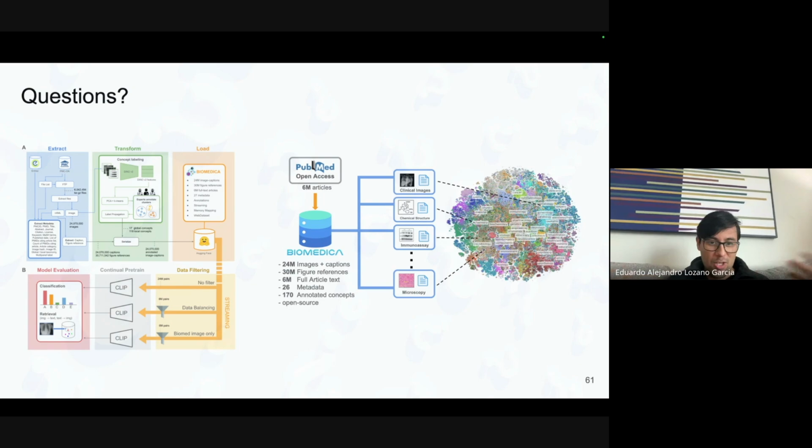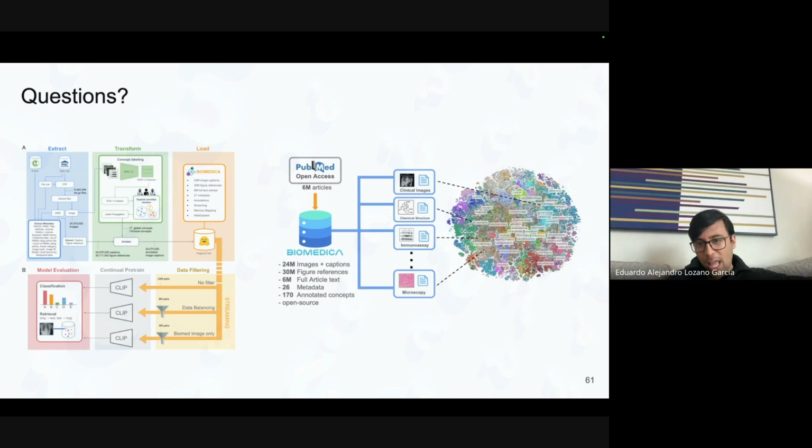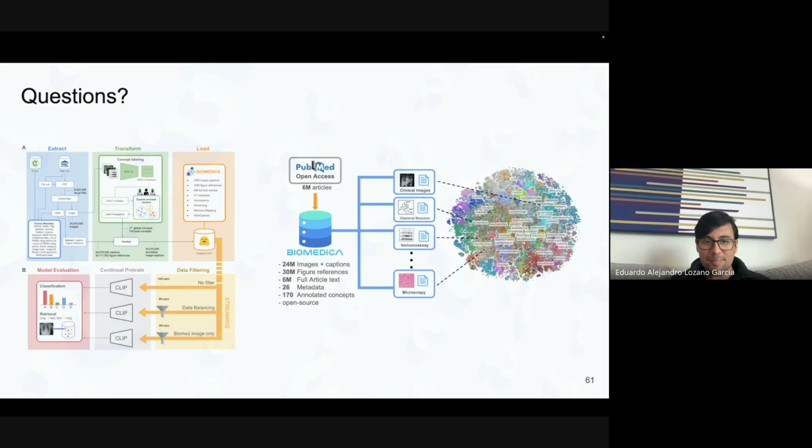I can just use this data set as, for instance, LAION, and explore different things such as data balancing, data filtering, whatever approach you want to try, creating better fine-grained detail embeddings. There's a lot of things that the community can explore, but the limiting bottleneck for all that in biomedicine is data. So we really want to fix this problem first, and we would be really happy if people can build with this and explore different questions.